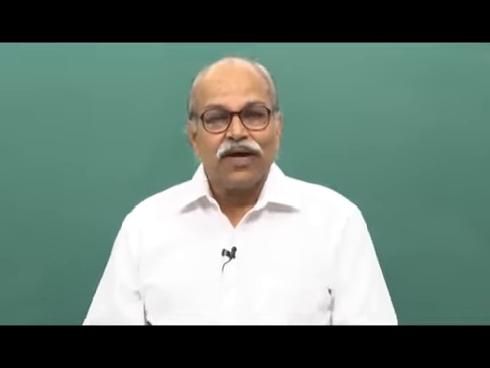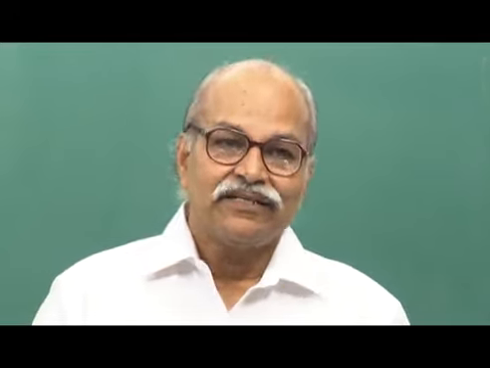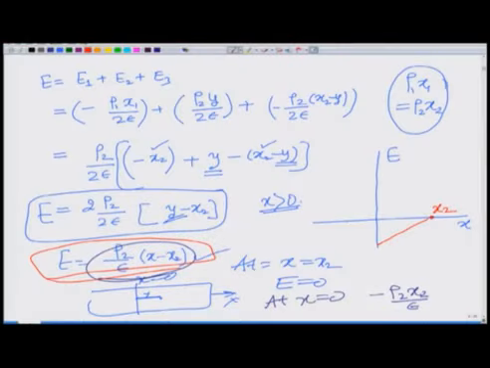It was 0 at x equal to x2, similarly it will become 0 at x equal to x1. And then at x equal to 0, the field has to match, and that point that I have put there will be the field at x equal to 0, and then it should be linear. So, at x equal to x1, the field must be 0, and then it should be linear in that region, and therefore, it should be like this.